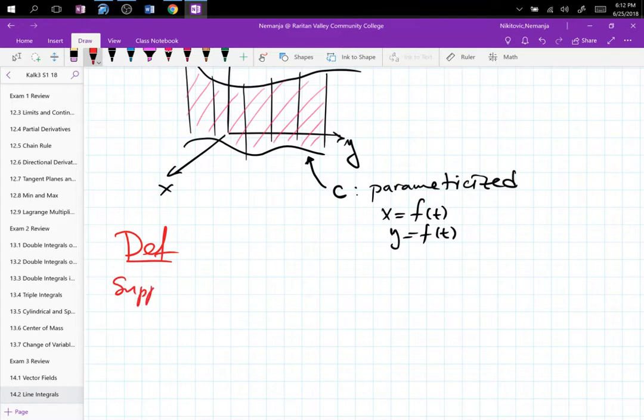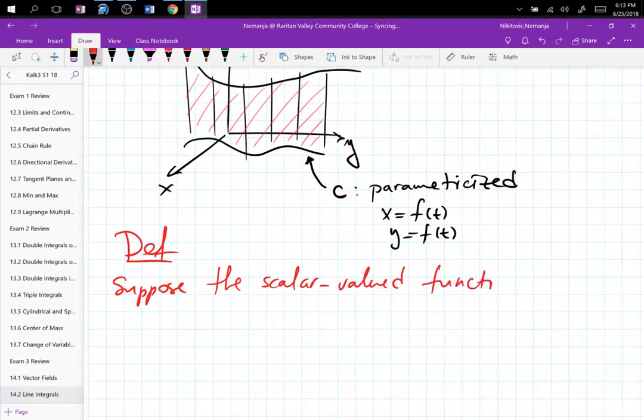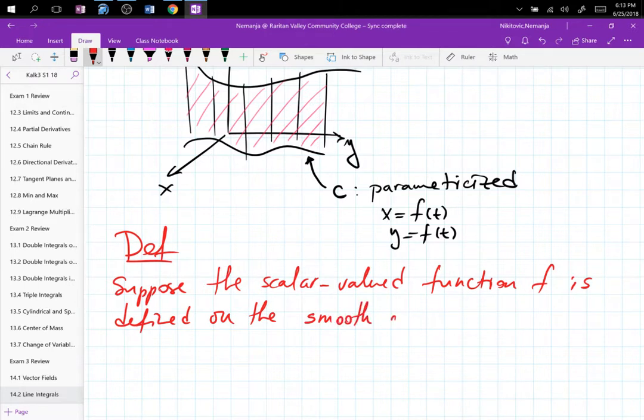So suppose the scalar valued function f is defined on the smooth curve, meaning it's differentiable.